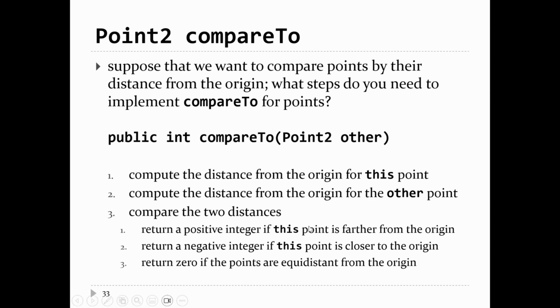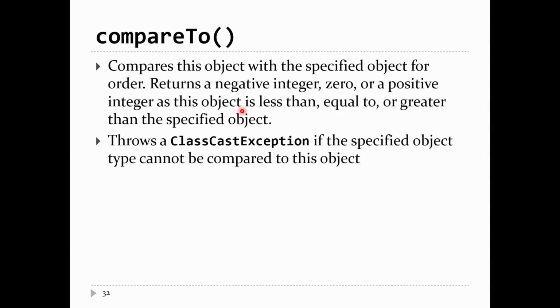If this point is further from the origin, I'm going to return a positive int. If this point is closer to the origin than the other point, I'm going to return a negative int. If they have the same distance from the origin, we're going to return 0. Notice that the contract for compareTo doesn't say what int to return. It's just the sign: negative, 0, or positive.